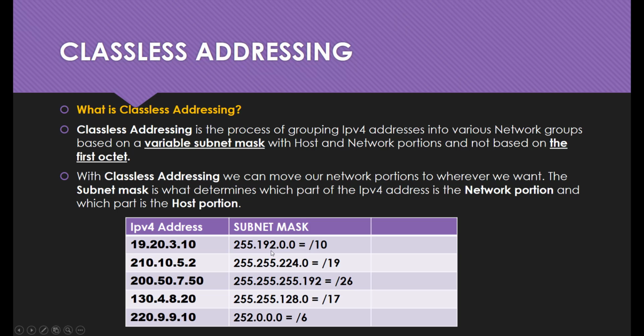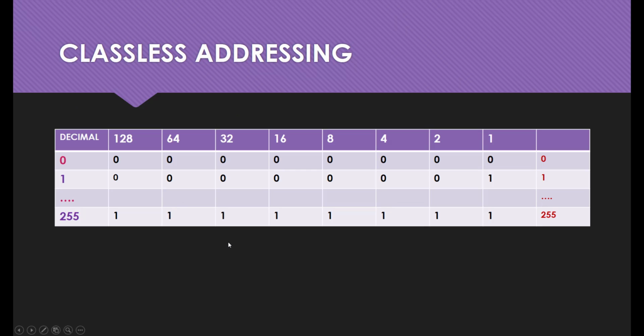So how did we get 192? Remember our IP addressing table, where each of these columns represents a bit: the 128 representing the first bit of the octet and the 1 representing the last bit of the octet. Moving from left to right, we add up the bits that are turned on, that means they are ones.